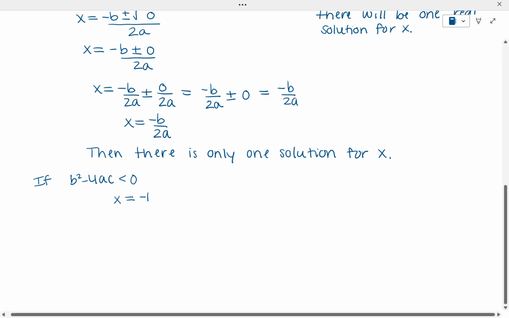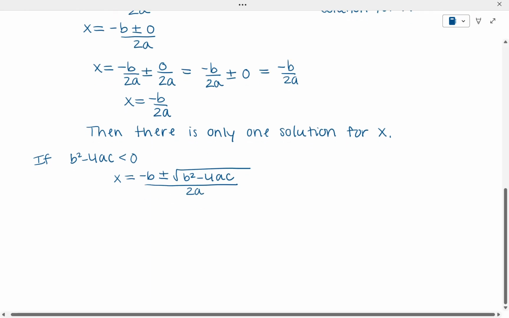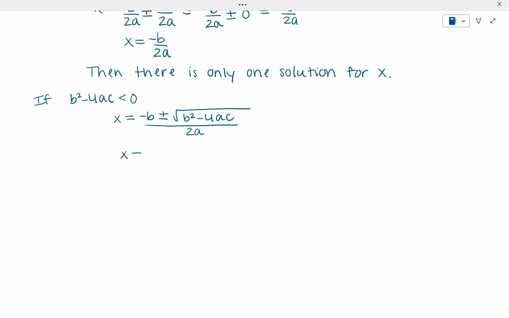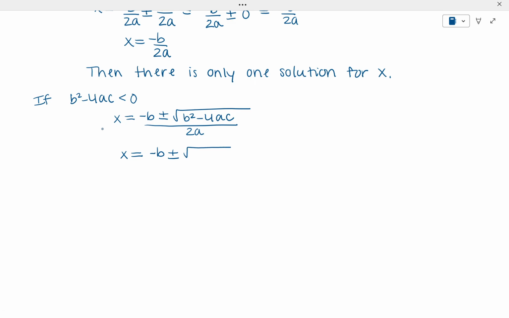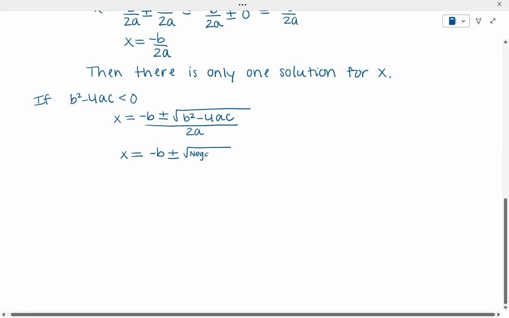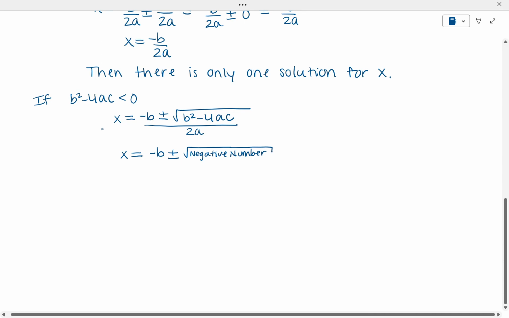So this will be negative b plus or minus the square root of b squared minus 4ac, and this has to be less than 0. So this would end up being a negative number. We don't know what it is because we don't know the values of a, b, and c.